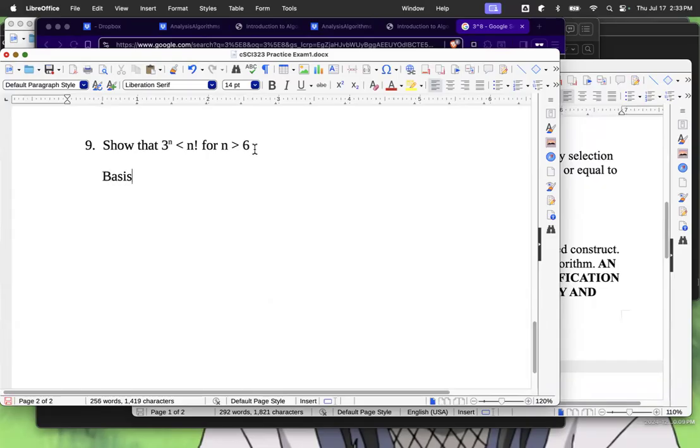Basis. 3 to the 6th is equal to, let's see, 3, 9, 27, 81, 243.